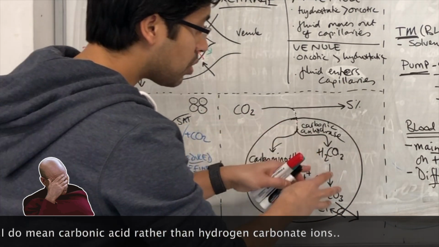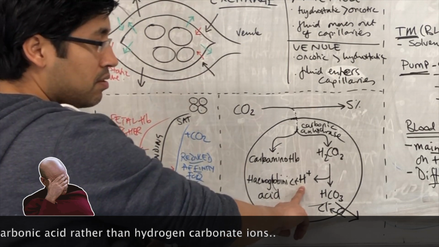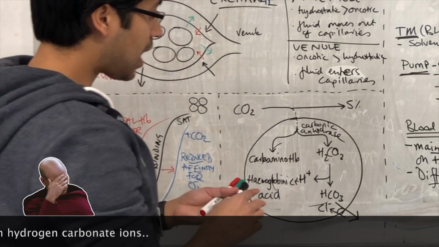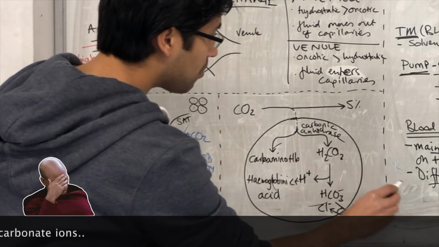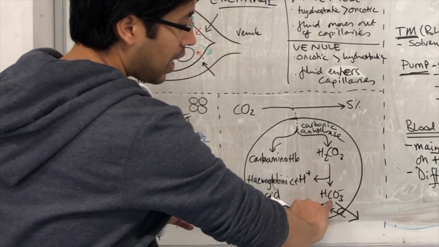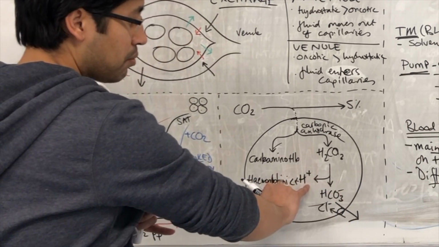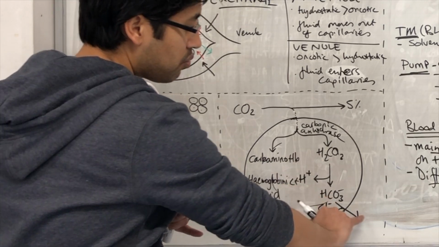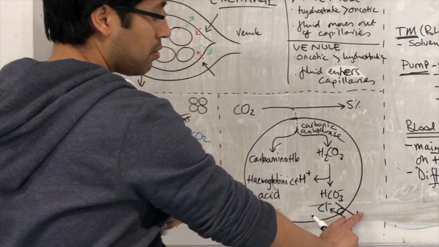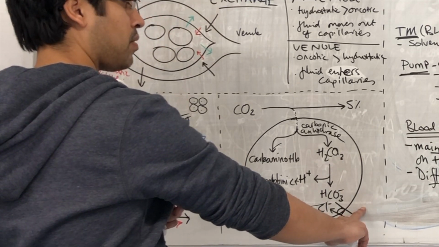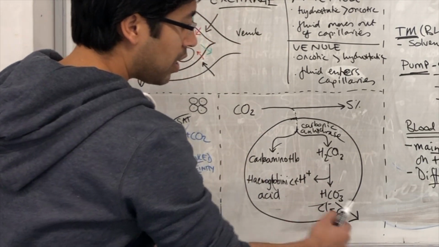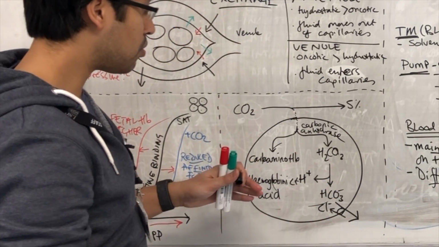Now these will dissociate. Because it's an acid, it's going to dissociate into protons and HCO3- ions, which are negatively charged, with the protons being positively charged. Now the hydrogen carbonate ions will diffuse out into the plasma, and in return the chloride ions move into the cell.